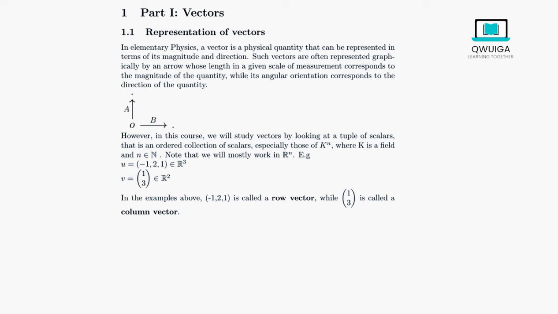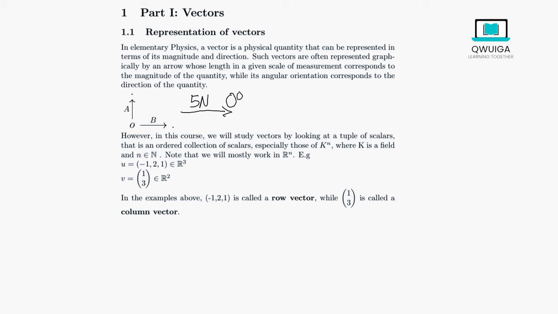Talking about representing these vectors, which we know from physics. For example, you may be told that you have a force acting towards the right, and the force has a magnitude of 5 newtons. Usually, when we represent this, you will know that this angle is 0 degrees.